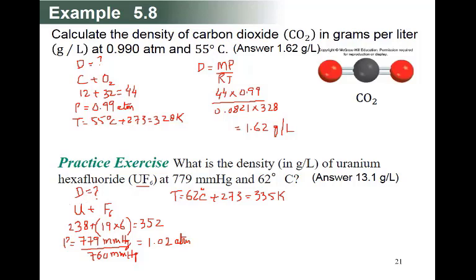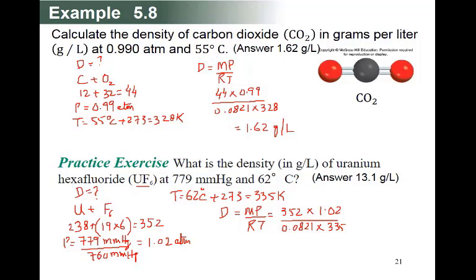So this is the data, and now we can solve the problem. Density is equal to MP over RT. The molar mass we calculated is 352. Pressure is 1.02. You see here we changed the units of pressure from millimeter mercury to atmosphere and temperature from Celsius to Kelvin, because we are using this gas constant, 0.0821, multiplied by temperature 335.